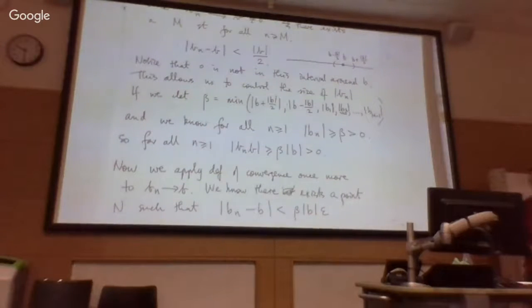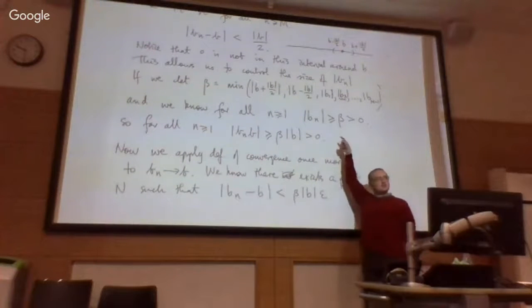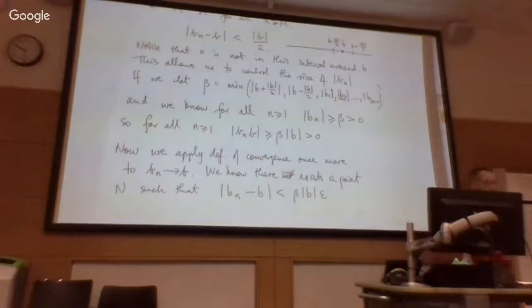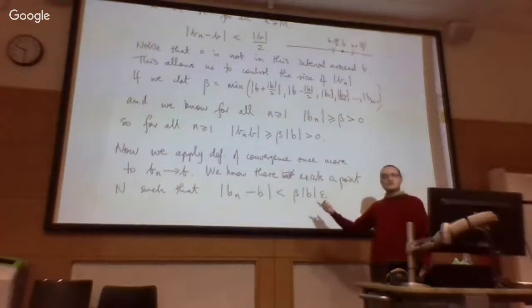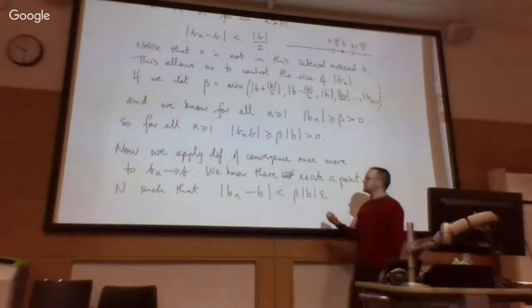Okay. So the epsilon is the same epsilon that was given to me at the start of the argument. I know the sequence Bn converges to B. So that's one of the assumptions. I'm told that.